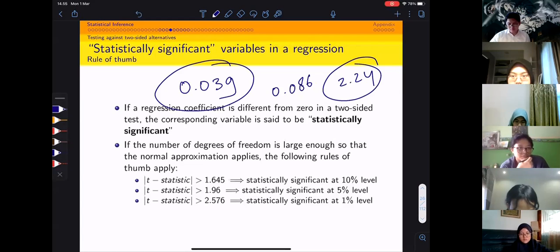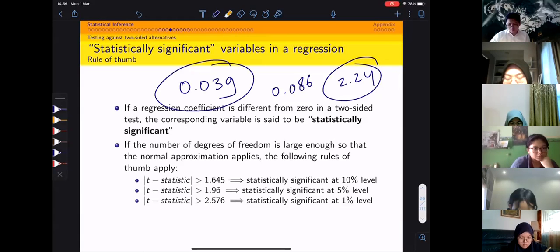Okay. And if you remember, the standard error is going to depend on the errors of the residuals. It's also going to depend on the sample size, and also on the relationship of the variable with the other variables in the regression. So this is just a recall on the estimation of the standard error. If the number of degrees of freedom is large enough, we can do what's called the normal approximation.